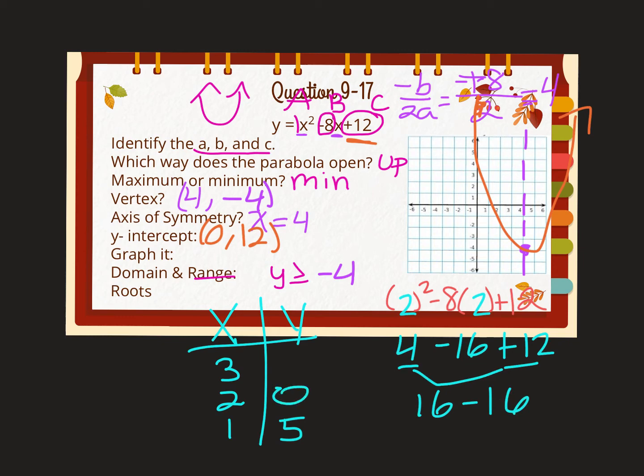So what this tells me is that my graph is going to cross at 2, which means if it is 2 spaces away from my axis of symmetry, I need to go 2 spaces over.